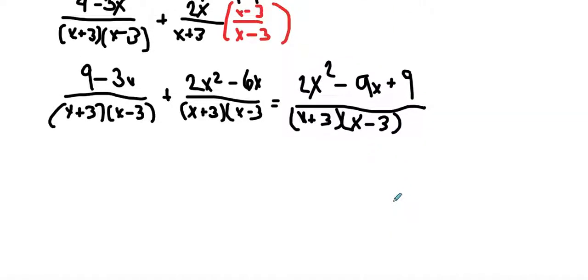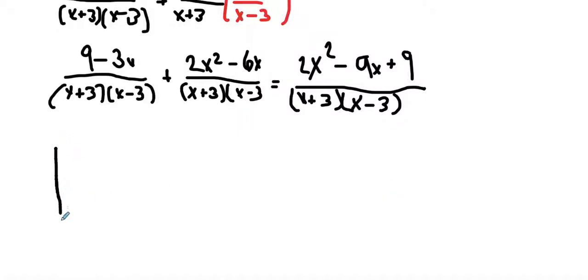Right, now we want to reduce, but our numerator is not written as a product, so we want to do that by factoring. I'm going to go ahead and box and diamond 2x squared minus 9x plus 9.